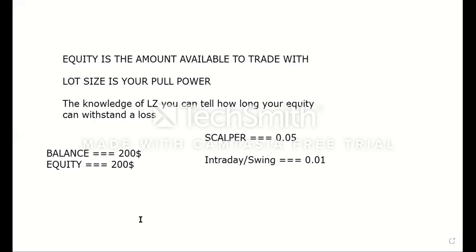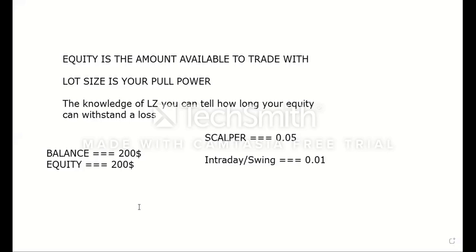So why do I recommend a scalper to use 0.05 and an intraday/swing trader to use 0.01? A scalper wants to get into the trade and take the fast pips. That means take what they can, target small pips, and zoom out of the market. An intraday trader stays longer in the market than a scalper.